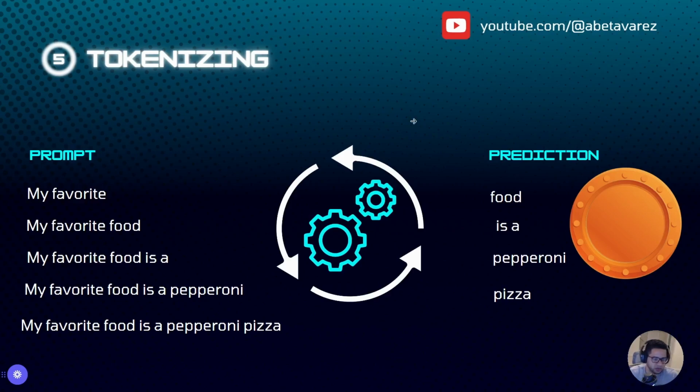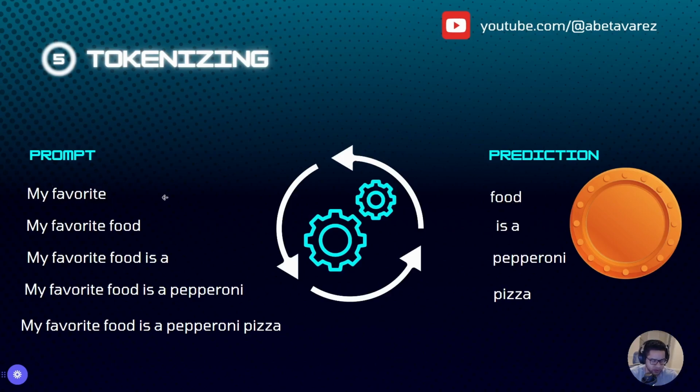So a high-level example would be we can give a prompt to the LLM and say, finish the following sentence. And we say, my favorite. So we're telling the LLM to finish the sentence here. What the LLM is roughly going to do is take the beginning of the sentence and predict what next word might follow your prompt.